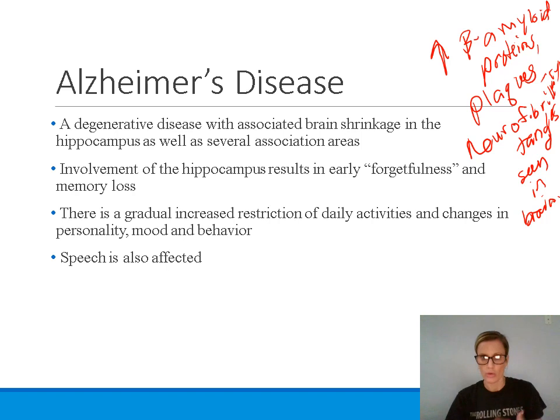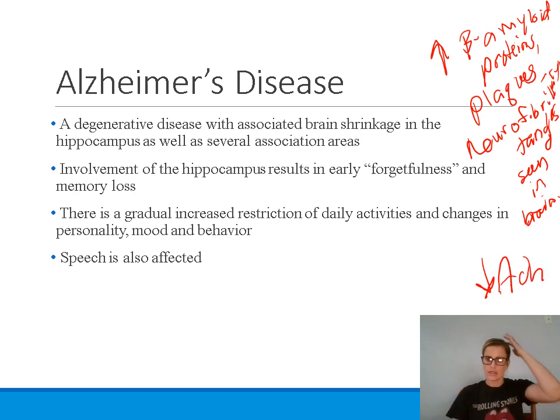This disrupts normal neuron function. There's also a decrease in some neurotransmitters, like a decrease in acetylcholine, that is seen because the enzymes that are used to produce the acetylcholine become deficient. So then we see not enough acetylcholine present, which also interrupts interneuronal communication in the brain.